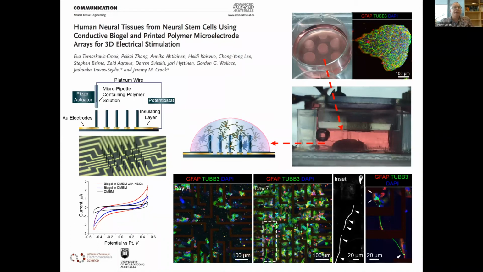Now first, the electrochemical properties of the pillar electrodes and the biogel support their electrical performance, with the latter shown to have well-defined electrochemical responses through ionic conductance with or without cell loading. Now, second, consistent with conventional plate-based culture, gel-laden cells differentiated on the pillar arrays into neurons and glia with or without stimulation.